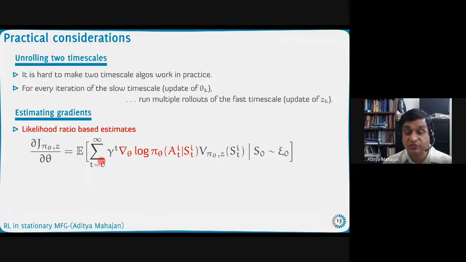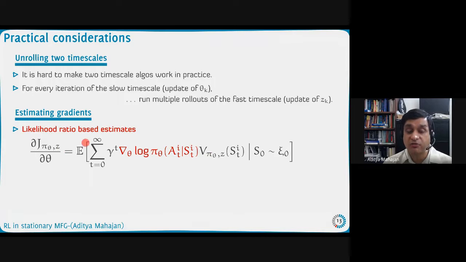This is exactly the same as the policy gradient formula in reinforcement learning, and the proof is also exactly the same. And the reason for that is once I fix z, the performance of a single agent is effectively the same as what we have in the standard single agent RL setting. So all that is changing is that I have z dependence in the evaluation of this value function.